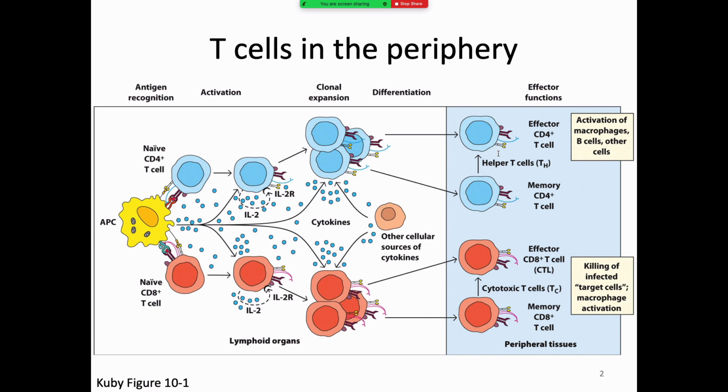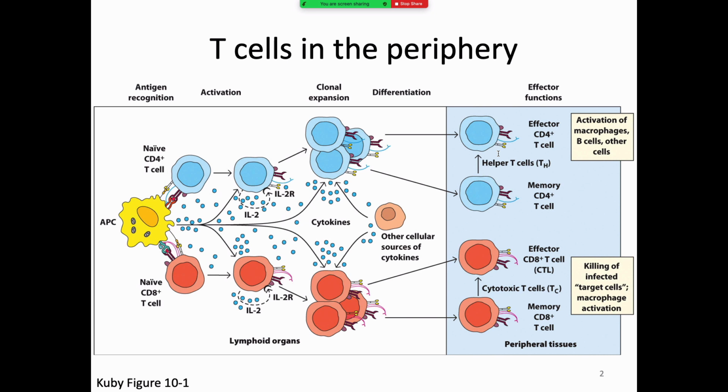And we'll have some differences in terms of which cells can be that APC. But that T-cell will get some signal from this interaction, and that will activate the T-cell. And that will lead to all of the other things that are shown on this slide.